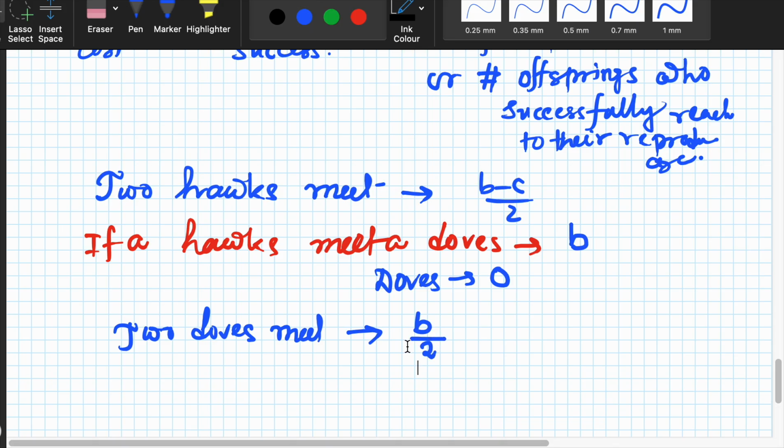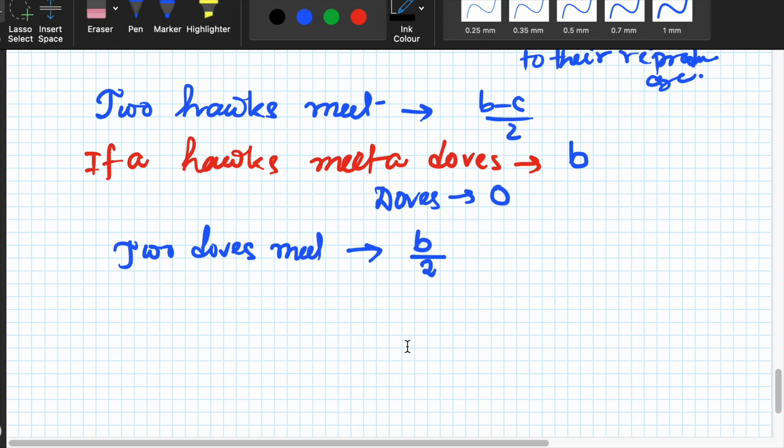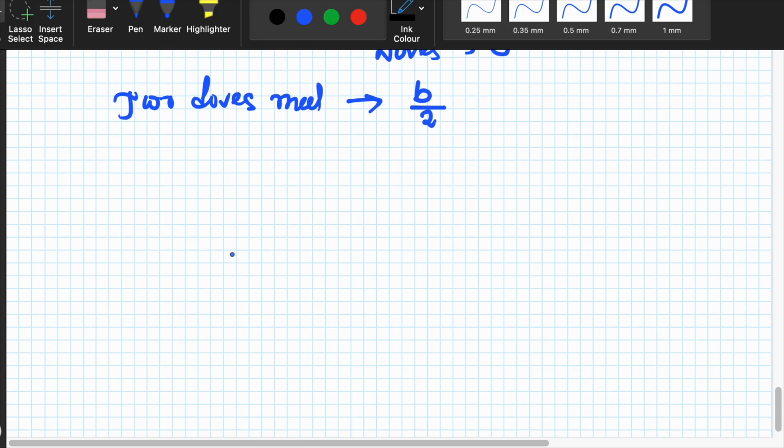Now in this way one can write a game, and you can obviously see that this is a strategic interaction. Why? The outcome depends on the opponent's strategy. So let me write the game.